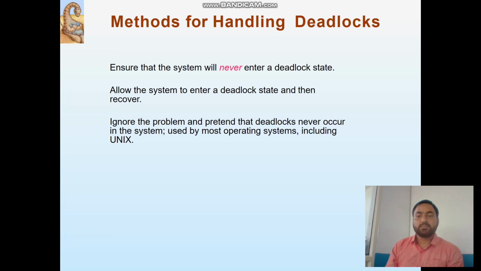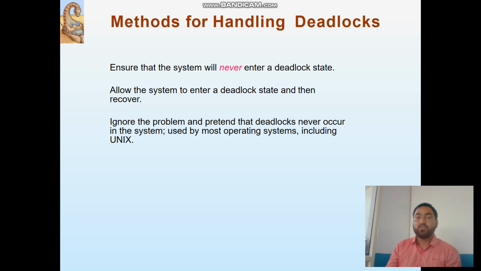And these are some briefly defined methods for how we can handle the situation when deadlock occurs. For handling deadlock, the first one is to ensure that the system never gets into the deadlock state.